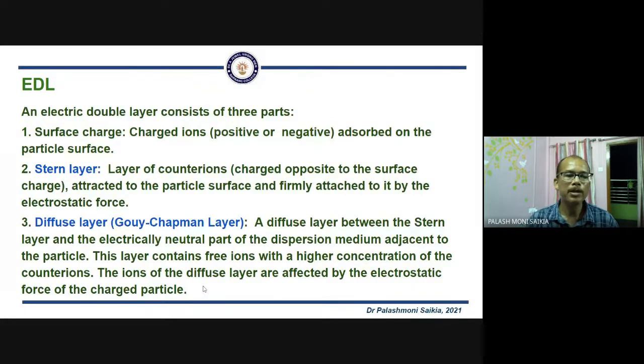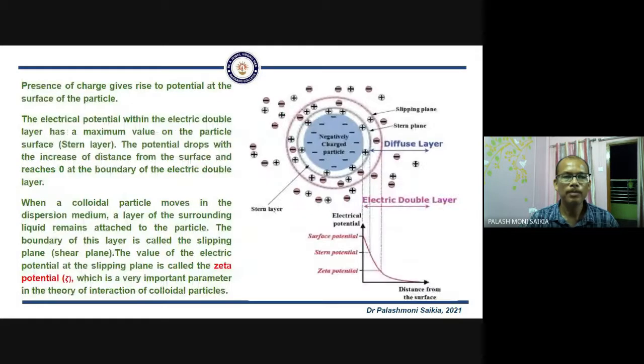So basically these are the three layers of an EDL. If you can see here the picture of an EDL, I've given an example of a negatively charged colloid particle. These are surface charges. As a result, they are attracting positive counter ions that constitute the Stern layer.